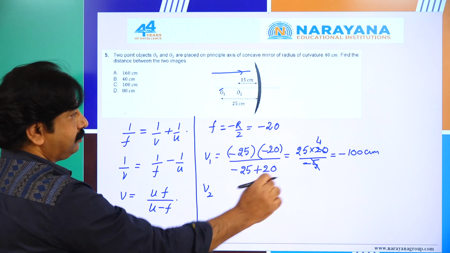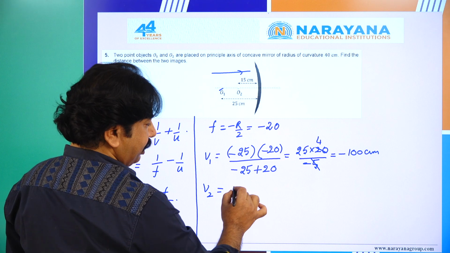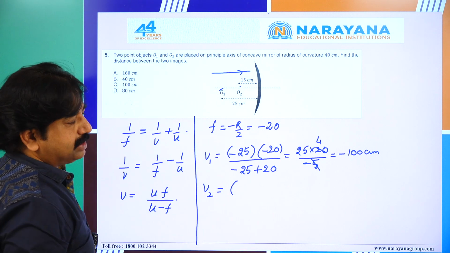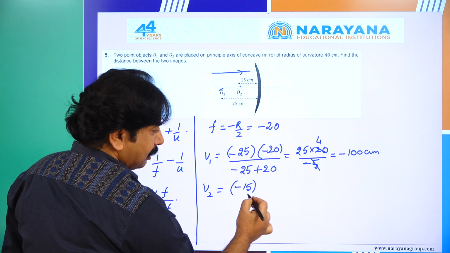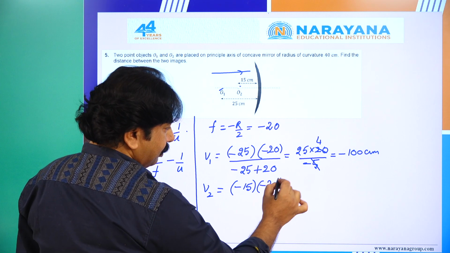Second image, due to the O2 object. This is also you can calculate such a way. This u is nothing but minus 15 centimeters. This is also negative. And f is equal to minus 20 only.